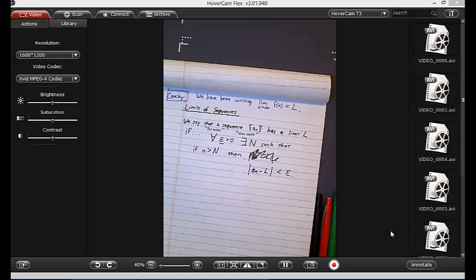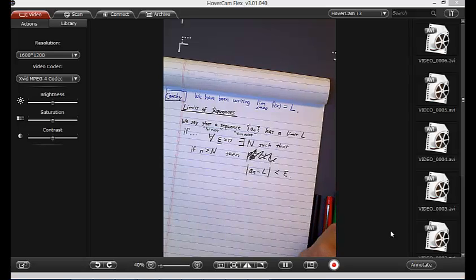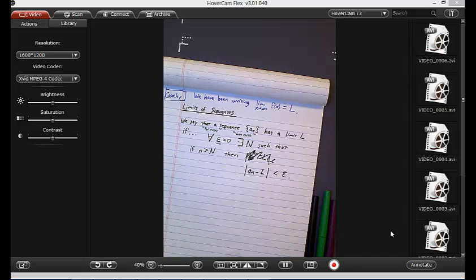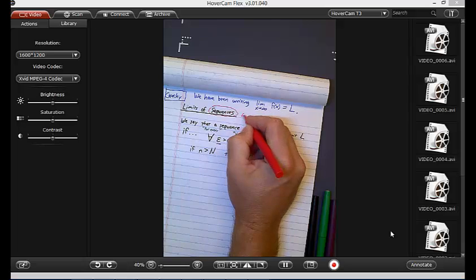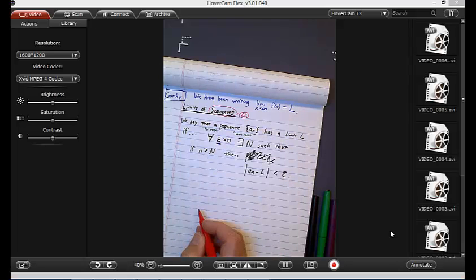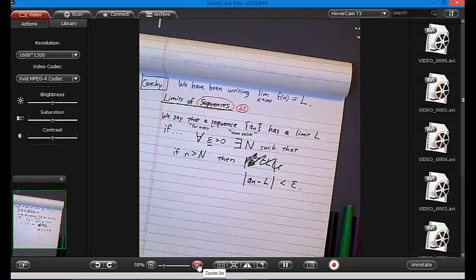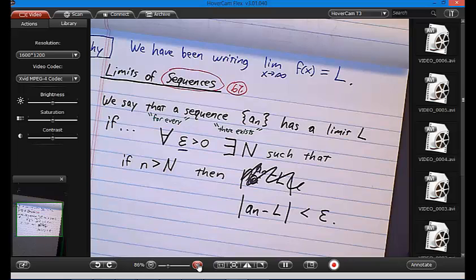So the book, when the book was talking about sequences, number 67 said, and let me zoom in a little bit so you guys can see a little bit better. 67 was this sequence.